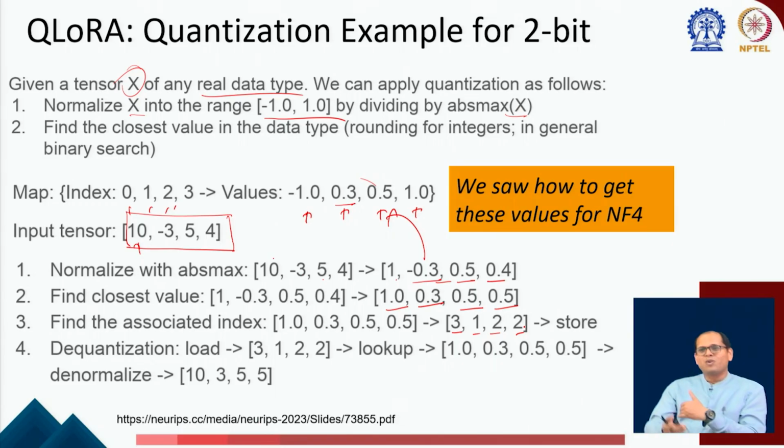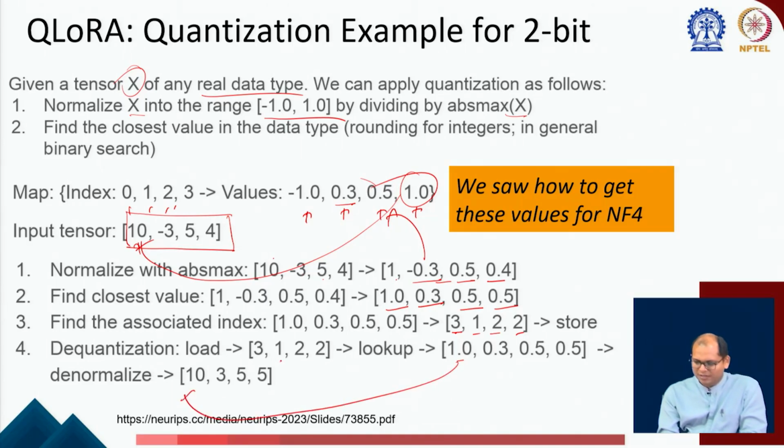Now when you want to dequantize, you load this and then look up. You say, okay, index 3 was 1, and to dequantize I have to multiply by the constant 10. So I multiply 1 by 10. Similarly, for 0.3, multiply by 10, I get 3. So I get 10, 3, 5, 5. You see, there is an error.